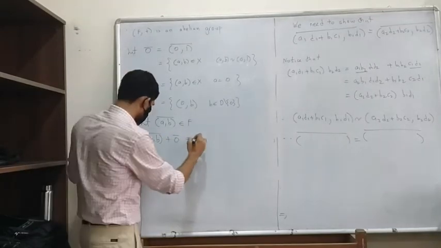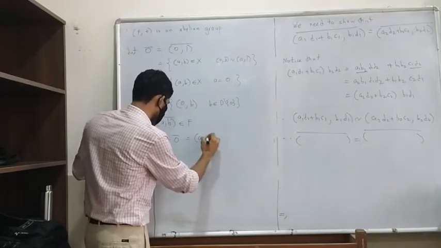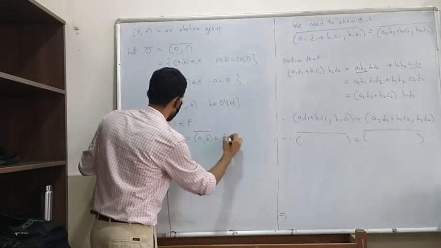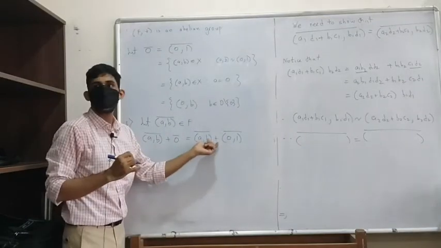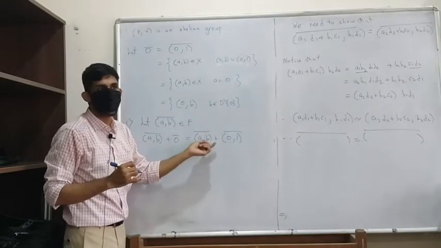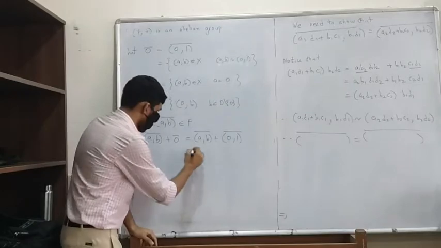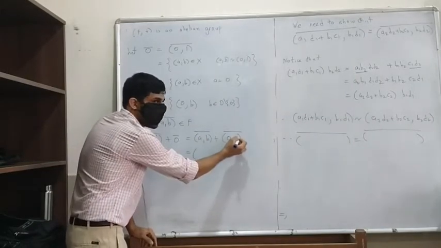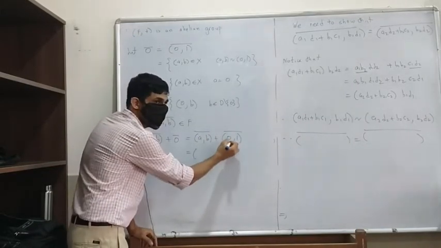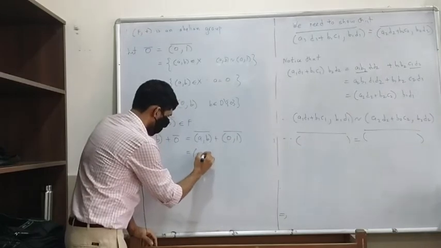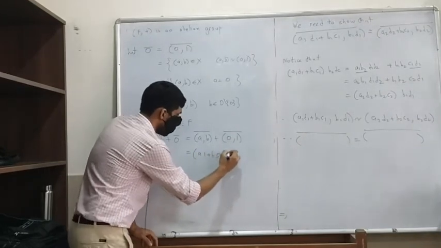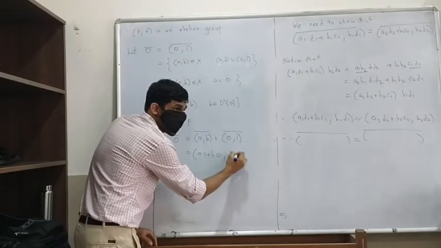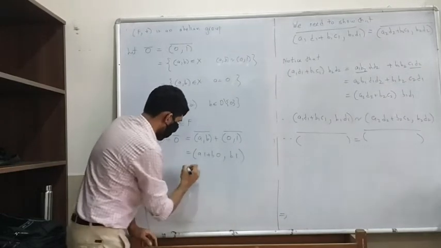This is the same as (a, b) bar plus (0, 1) bar. By the definition of the addition operation, this is (a times 1 plus b times 0, b times 1). What is this?